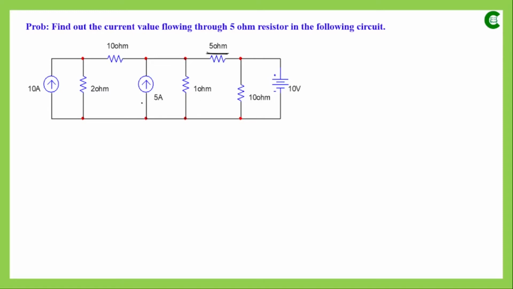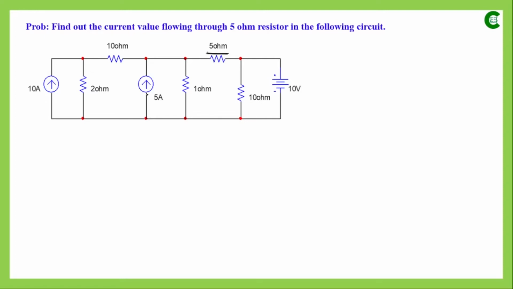In this circuit, though there are current sources along with a voltage source, one thing we can see is that for both the current sources there is a resistance connected in parallel, and in this part of the circuit also we have a current source with a resistance connected in parallel.